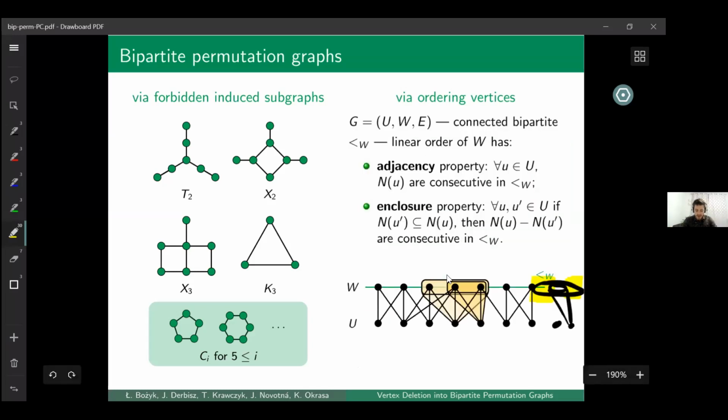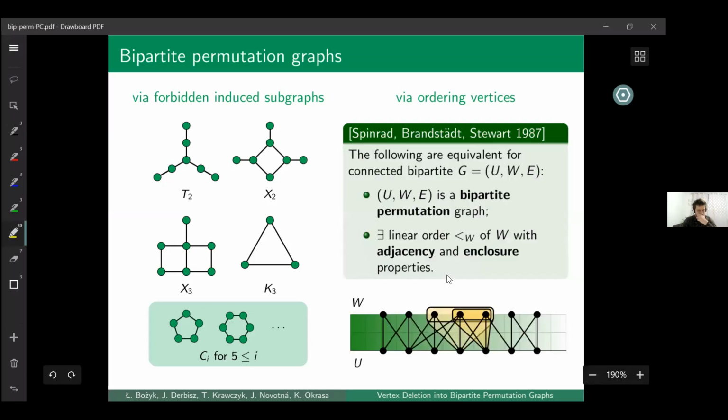So this is the adjacency and enclosure property and characterization of bipartite permutation graphs via embedding in strips, in rectangles. And that's the starting point of the story. So let me ask whether there are questions for the first two parts: vertex deletion and bipartite permutation graphs.